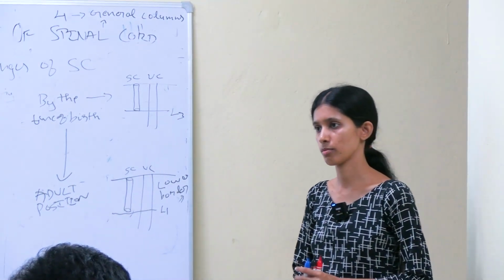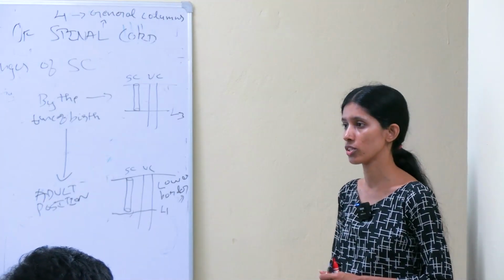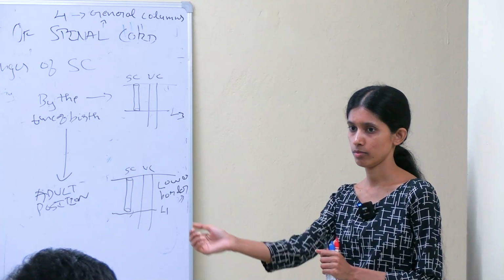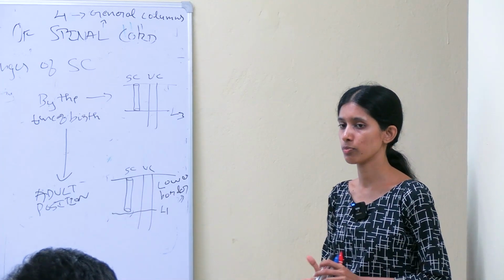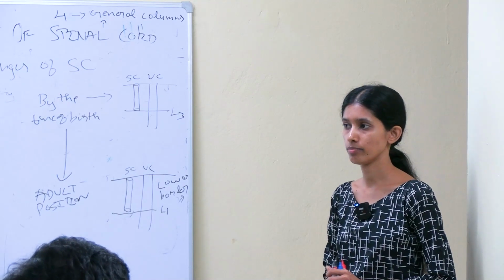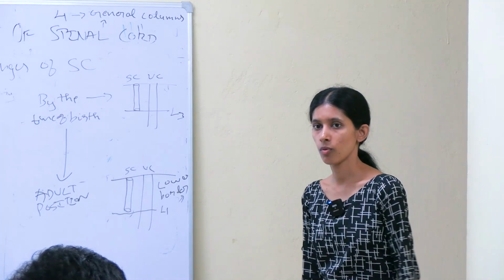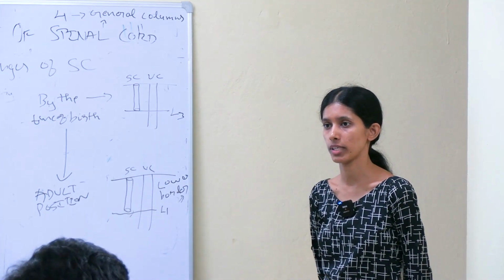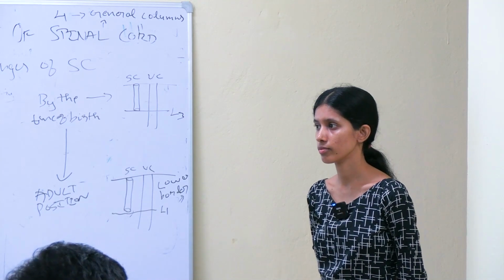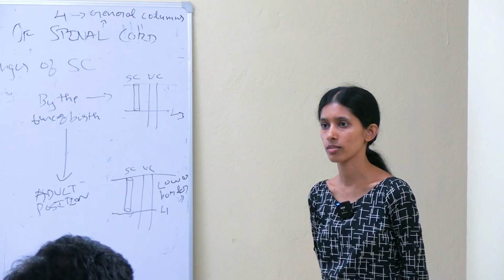Any doubts? So what is the importance of knowing the positional changes in the spinal cord? Why do the positional changes take place in the spinal cord? What is the purpose? Increase in height. Okay. Any other answers?